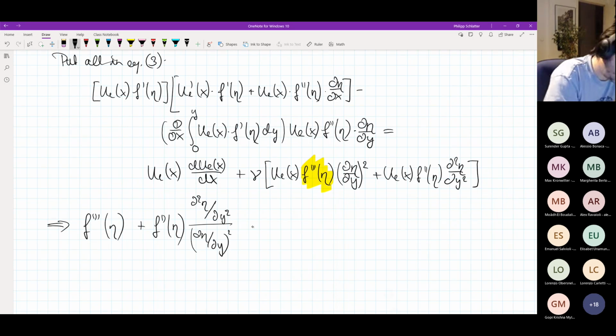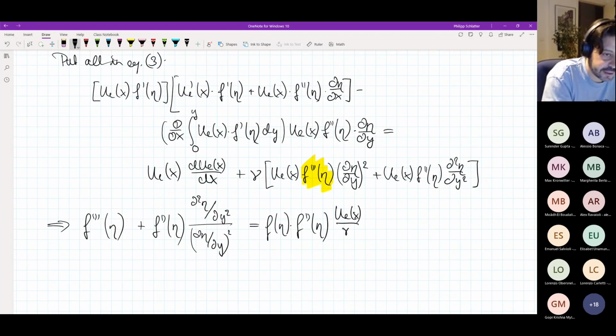If I then continue, this gives me on the other side f of eta times f double prime of eta times ue of x divided by the viscosity times d squared eta dx dy. And then here I have d eta dy to the power of 3.